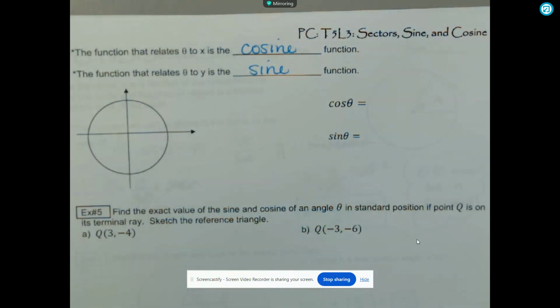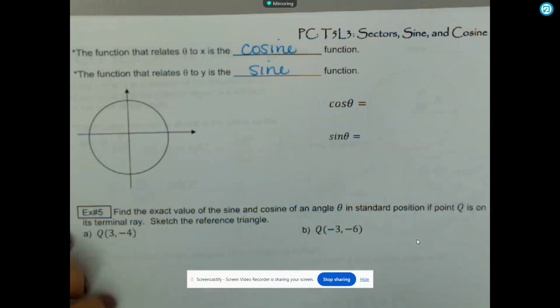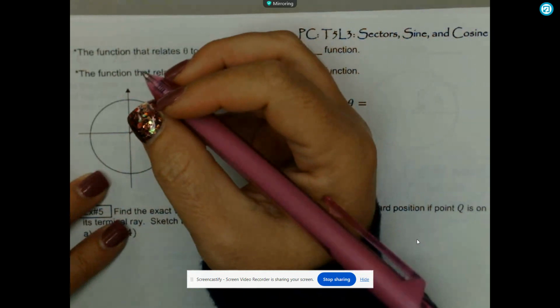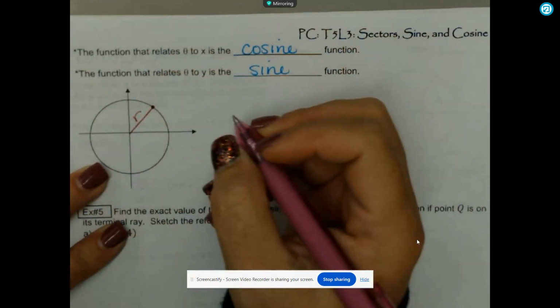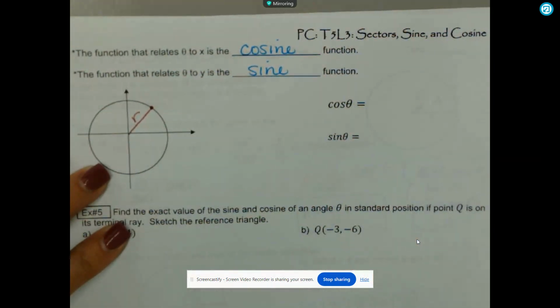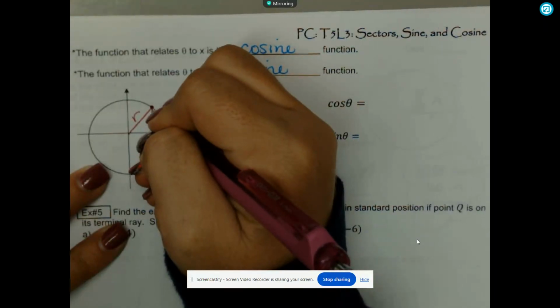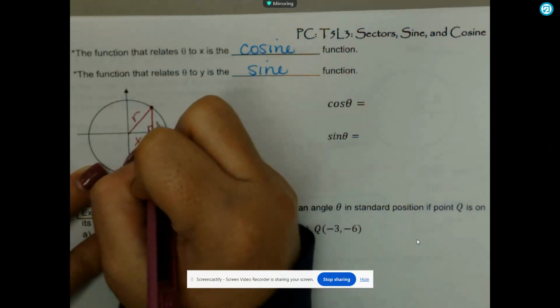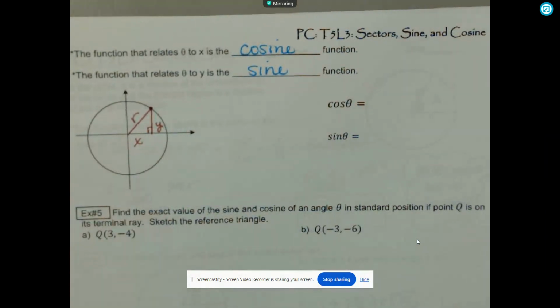All right, so let's make a little triangle here. Here's my initial radius. We're going to drop a perpendicular straight down. Remember, a perpendicular line makes a 90-degree angle. So this would be my X and this would be my Y, X being my horizontal, Y being my vertical.